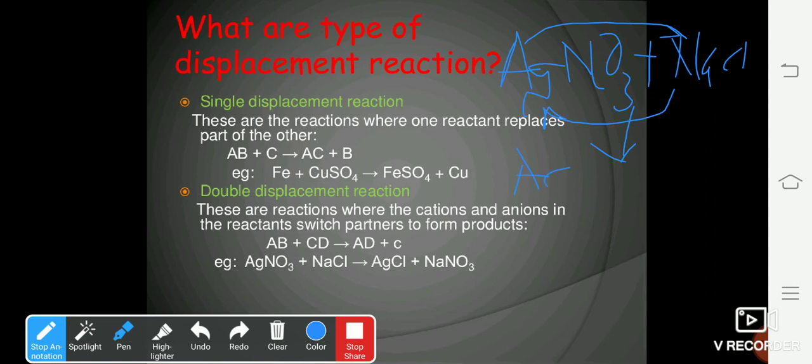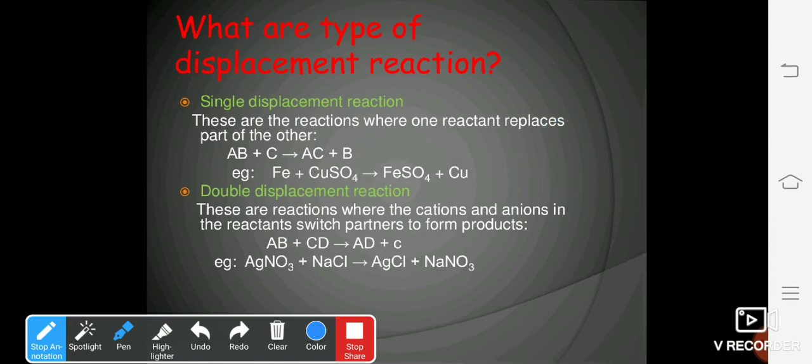So my product would be AgCl plus NaNO3. So here we can see exchange of cation has taken place. And this AgCl which is formed is the precipitate, and we indicate precipitate by a down arrow. The same reaction is given here for precipitation reaction.